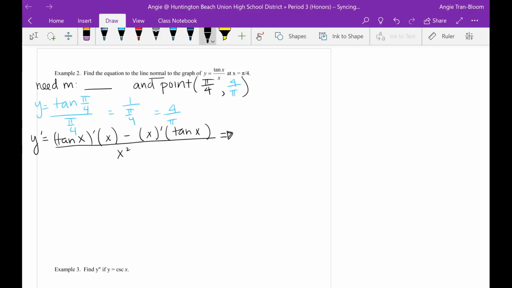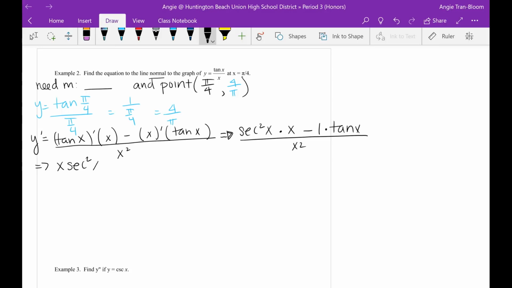The derivative of tangent is secant squared of x, times x, minus the derivative of x, which is just 1, and bring down my tangent of x, all over x squared. Okay, let's keep going to see how far we can go with this. I'm going to write x in the front of secant squared so that I'm not confused. That is x secant squared of x, and then minus tangent of x, all over x squared.